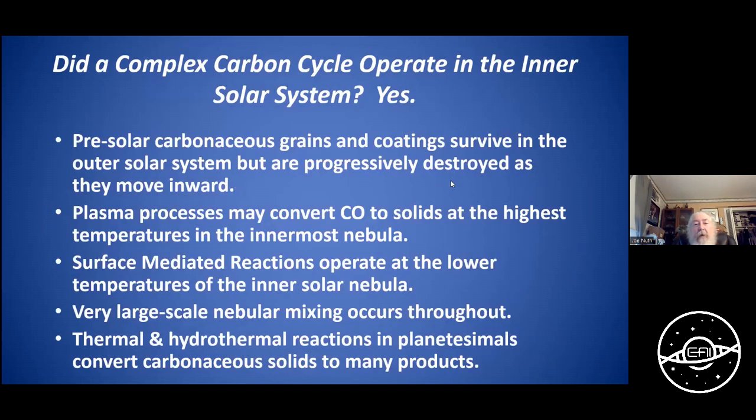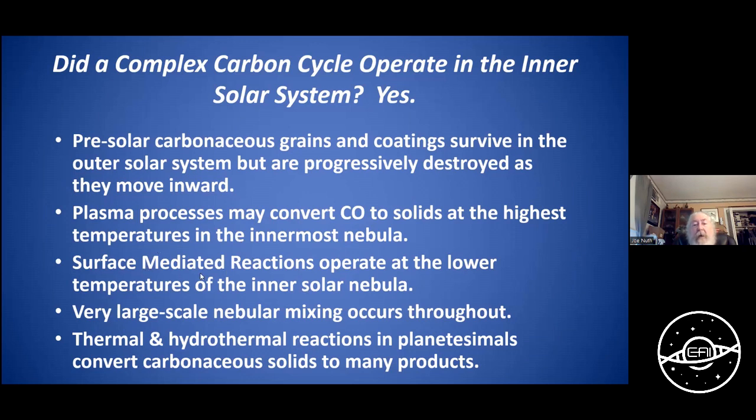Pre-solar carbonaceous grains and coatings do survive in the outer solar system, but as they fall inward, they're progressively destroyed. Plasma processes and just thermal processes, lightning, electrical discharges, melt the silicates and bring these intimate mixtures to high temperatures, and those convert the carbonaceous material that was originally there to carbon monoxide, and the metals basically stay.